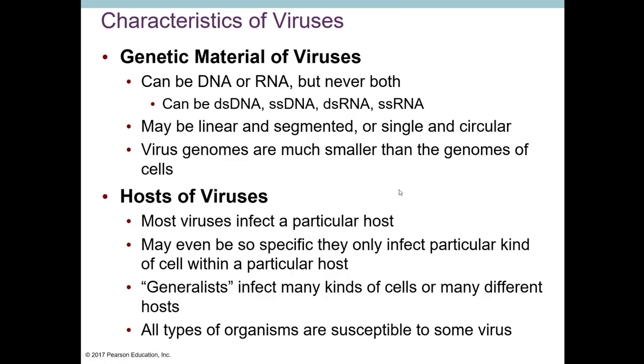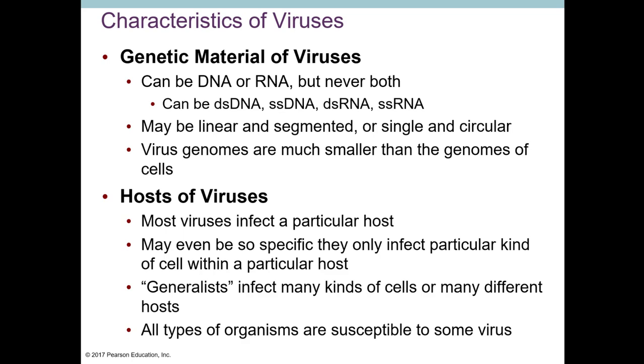So like I said, the chromosome, the genetic material in the virus, can be DNA, RNA, double-stranded, or single-stranded. We've never found a virus that had both types of nucleic acid inside the same capsid. The chromosome is sometimes linear and sometimes circular. That depends on which exact virus you're talking about.